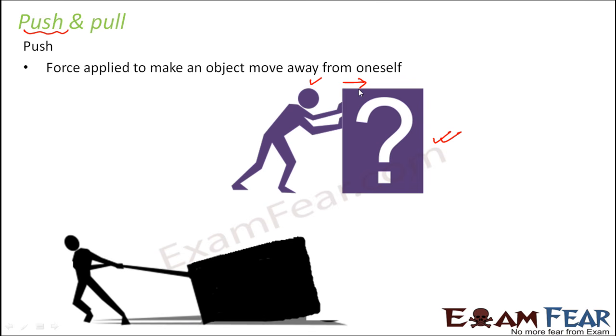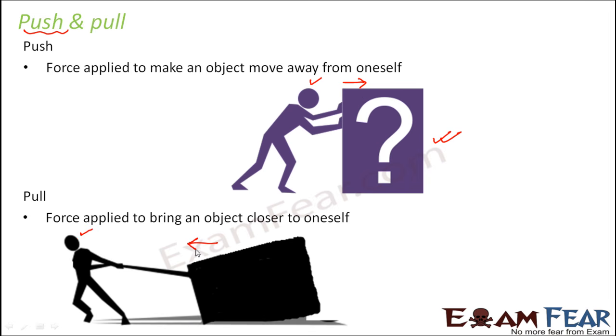So this is called push. But if we are applying force to make an object move and bring it closer to ourselves, that is called pull. So here you see this is the person and he is trying to pull this box towards himself. So whenever we are trying to bring something close to us, that is pull, and whenever we are trying to make something move away from us, that is push.